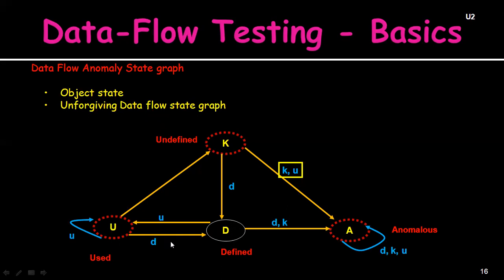Whenever you use u, you come to the used state. Whenever something goes here, that means k, killing. When you kill it, it will become undefined. Killing before using, or defining and immediately killing, may lead to anomalies. You are creating and immediately killing it, so it is an anomaly. Killed and trying to use it is an anomaly.